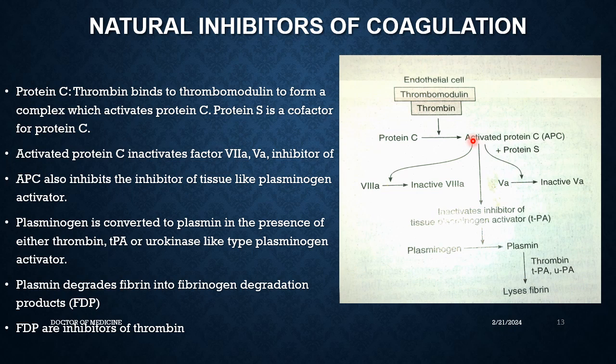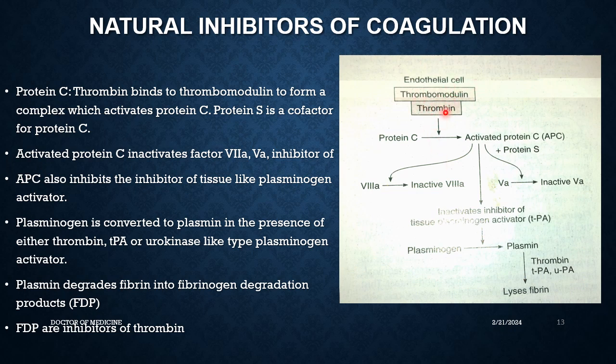So when thrombin is formed by the conversion of prothrombin into thrombin by the action of the Stuart-Prower factor, thrombin will then activate protein C. Okay, so on the surface of endothelial cells, there is a receptor that is known as thrombomodulin. Okay, so thrombomodulin will bind to thrombin. It will then inactivate all of the coagulating characteristics of thrombin.